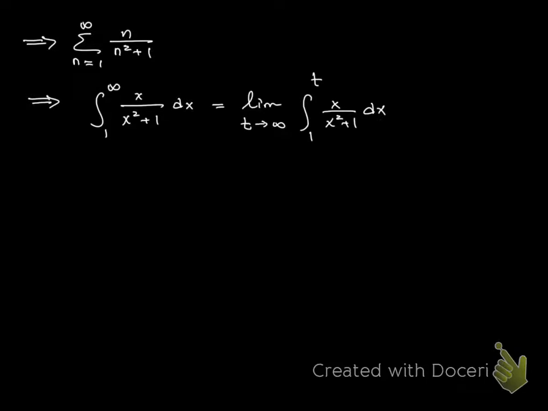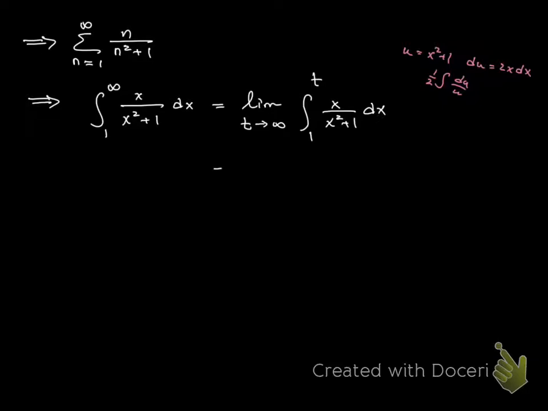This is a quick little u sub, right? If u is x squared plus 1, then du is 2x dx, which means I have the integral with 1/2 out front and du over u. This is a natural log antiderivative. Similar to the harmonic series, when we apply the integral test, this integral results in a natural log.